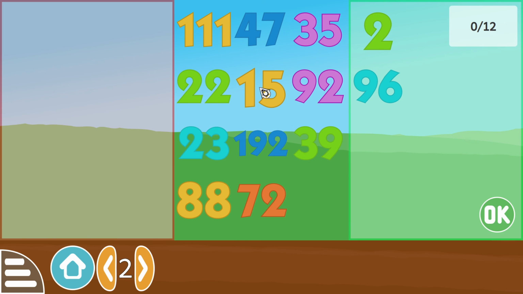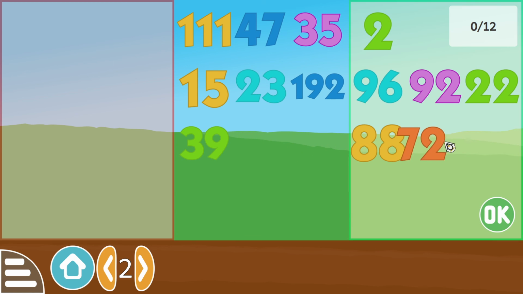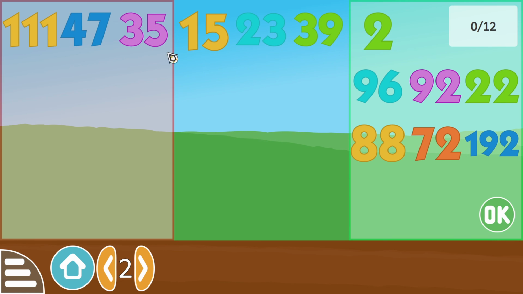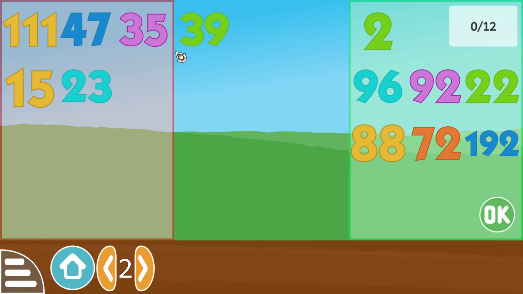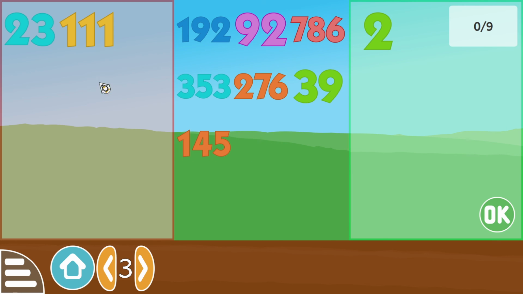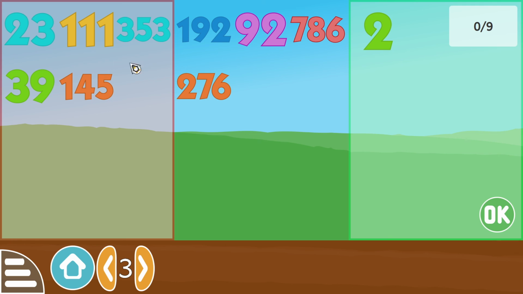So 96 is divisible by 2, 92, 22, 88, 72 are, and 192 are. 111, 47, 35, 15, 23, and 39 are all odd. So 23 is odd, 111 is odd, 353 is odd, 39 is odd, 145 is odd, and everything else is even.